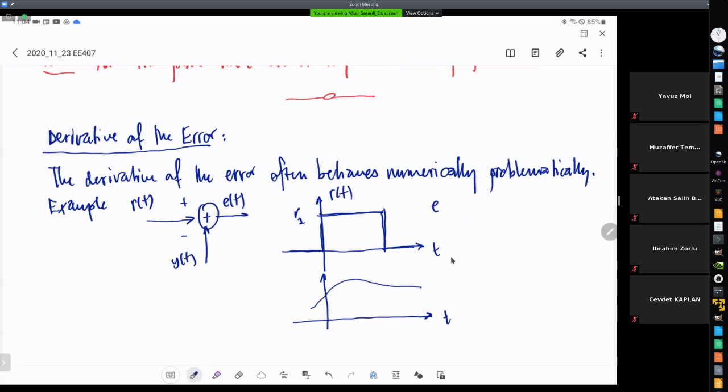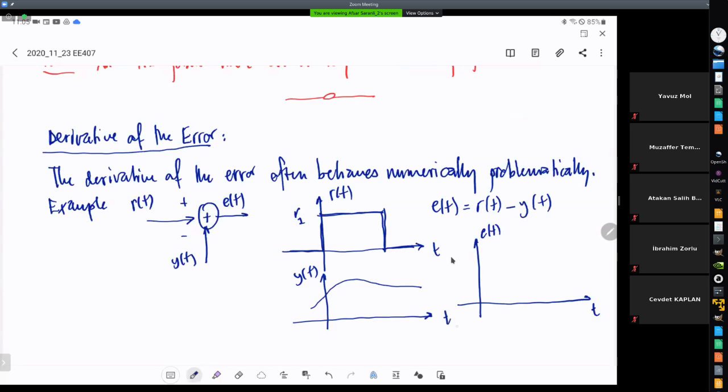So what is E of t? E of t is R of t minus Y of t. So what's E of t going to look like? E of t versus t. So this is the reference, so it's going to be reference minus y of t.